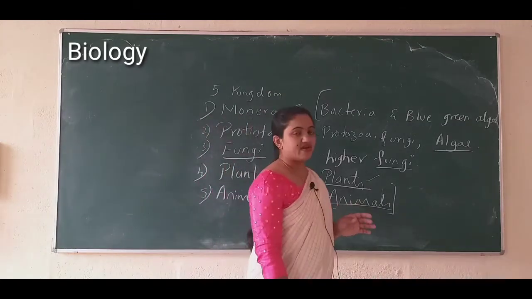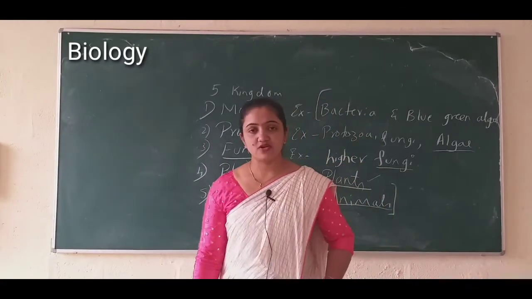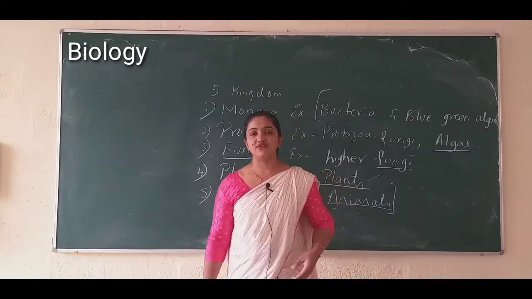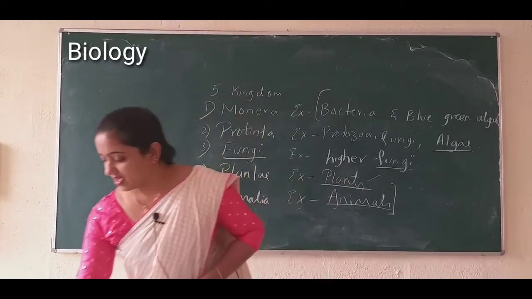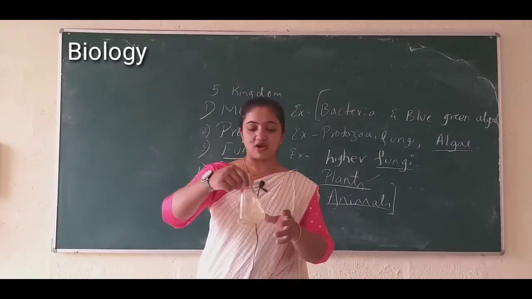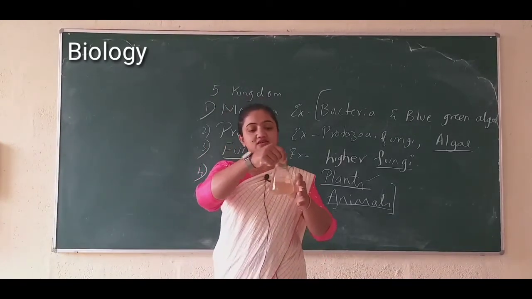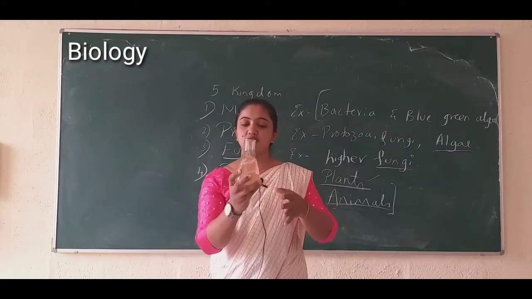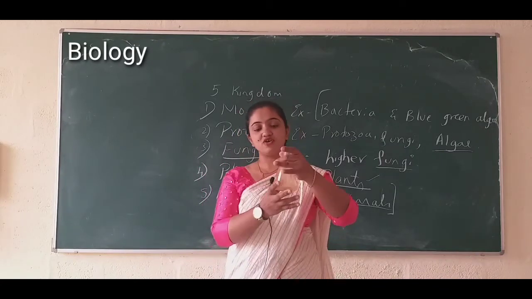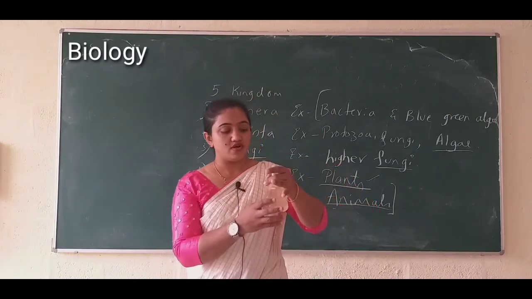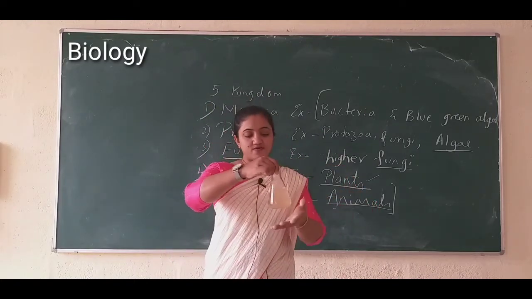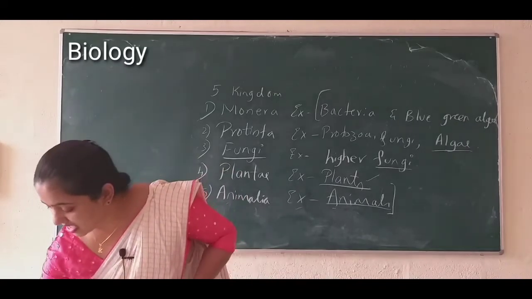So maybe in the next session or after that, I am going to pick this kingdom Animalia to tell you about different forms of animals. Now, as I told you, I am going to show you the living organisms under the microscope. For that I have collected pond water from a nearby pond.